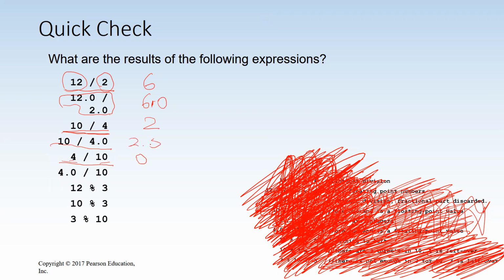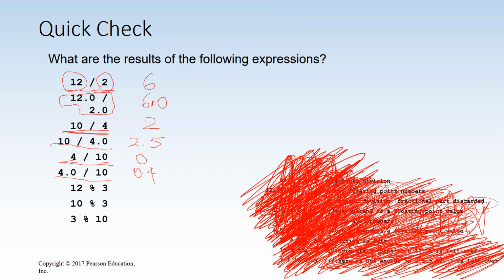And what is this? 2.5. And this one, what about this one? I think it'd be 0.4. Anyone else who thinks it is 0.4? Yes, I agree. Okay, 0.4 it is.